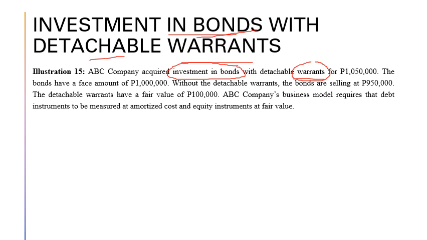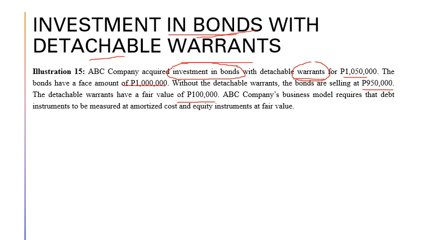So again, yung value niya is 1,050,000. Ang face amount is 1 million. Kung walang warrants, it's only 950,000. Pag may warrants, 1,050,000. So the detachable warrants have a fair value of 100,000.